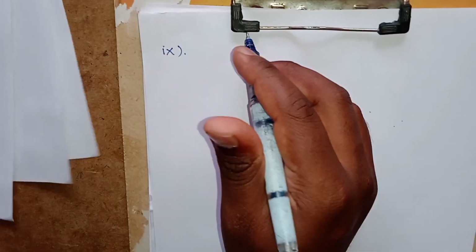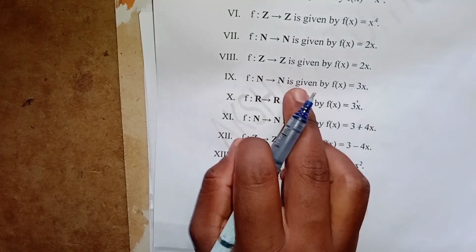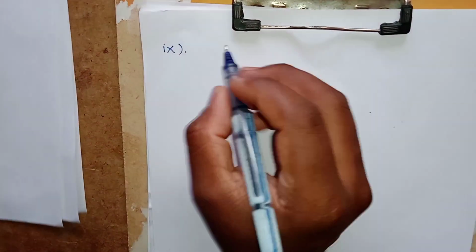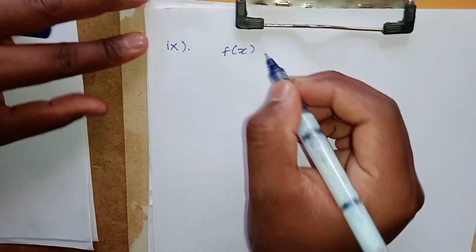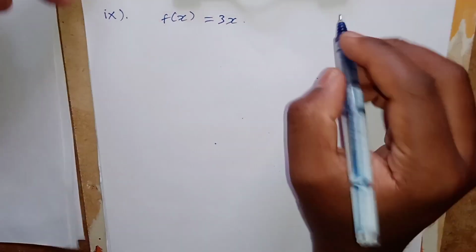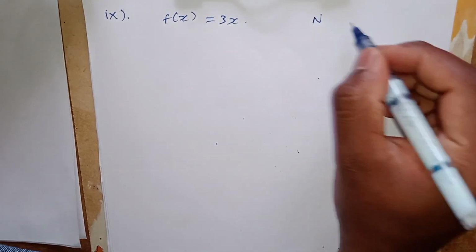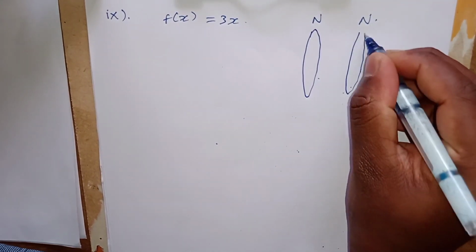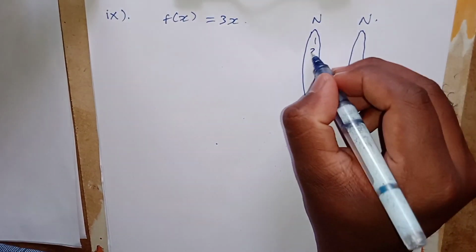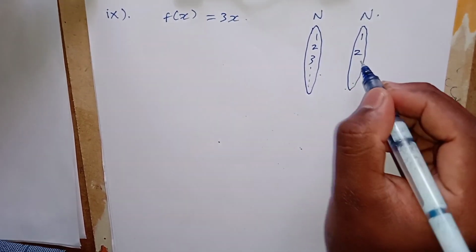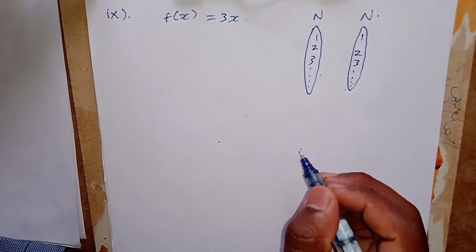Subdivision 9. Here, same natural number to natural number, f of x equal to 3x. Now f of x equal to 3x I am taking. Natural numbers again start from 1, 2, 3 up to plus infinity, and here also 1, 2, 3 up to plus infinity.